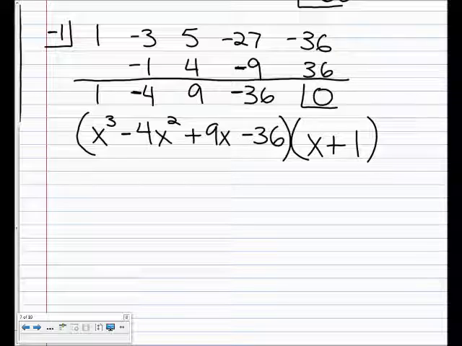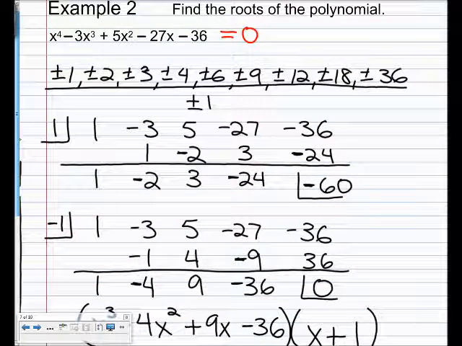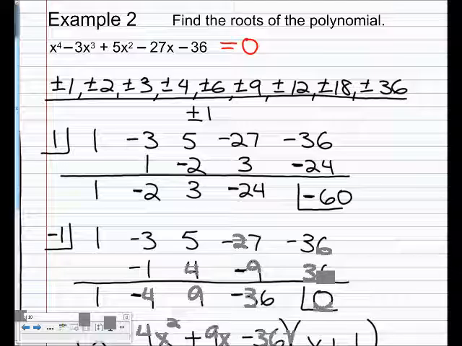Okay? So here's a stopping point, a checkpoint. If I asked you to do this, and I'm not going to, but if I asked you to multiply x cubed, negative 4x squared, 9x, and negative 36 times each of these, you should get the original polynomial. All right? So have we changed anything?